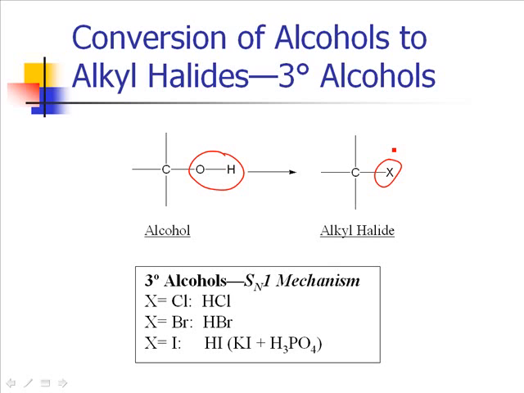Now HCl and HBr are both stable acids. HI is not. And so we have to generate HI under the reaction conditions by taking potassium iodide, which is K+ I-, and reacting it with phosphoric acid, which is really equivalent to H+ and H2PO4-.